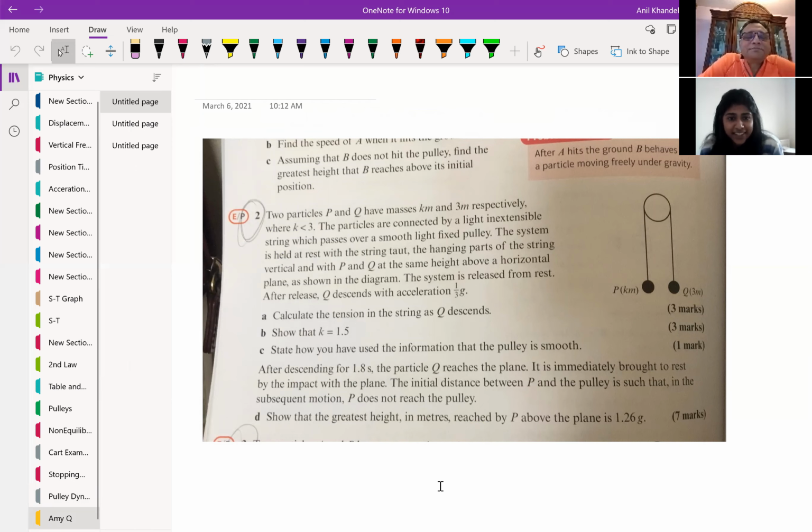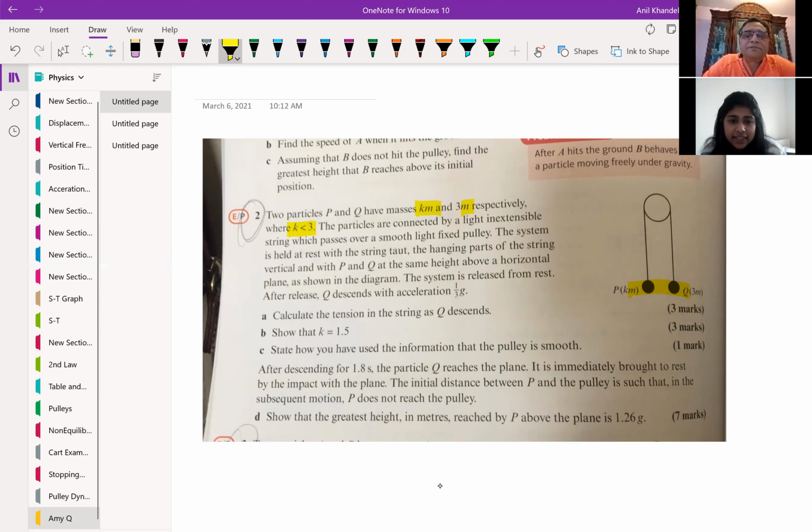Yes, I can. Two particles, P and Q, have masses km and 3m respectively, where k is less than 3. The particles are connected by a light inextensible string, which passes over a smooth light fixed pulley.